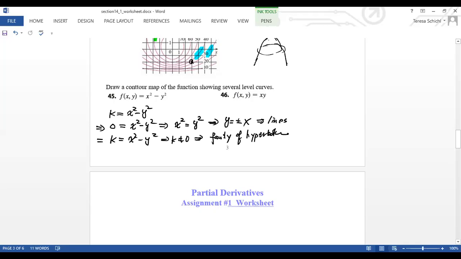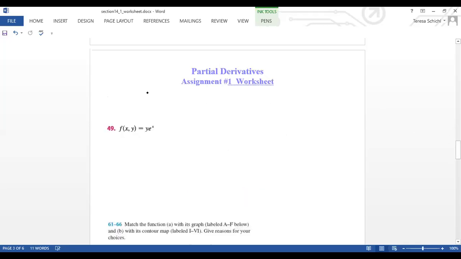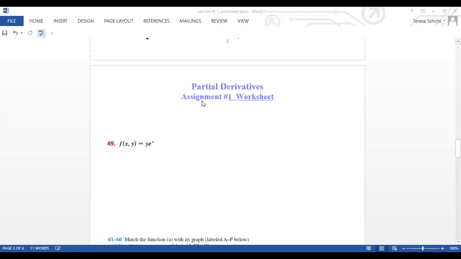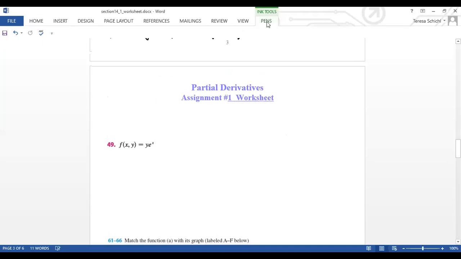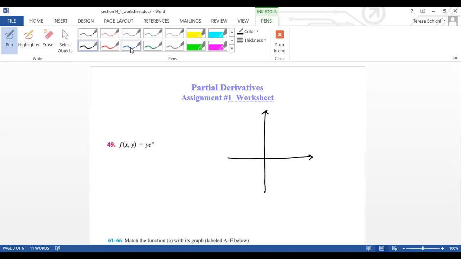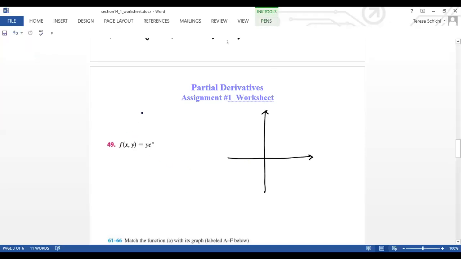Okay, so now let's draw the contour map here and see what it looks like. First, we know when k equals 0, I have y equals plus or minus x, so I'm going to have 2 lines here, right?